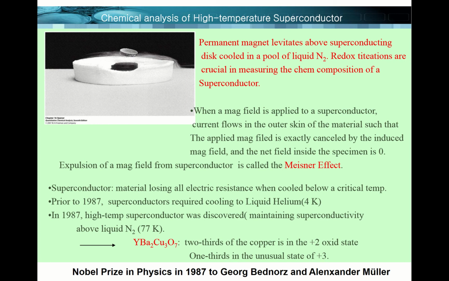But since this is not a metal but an inorganic oxide, although the critical temperature is quite high, the problem is that it is very difficult to process this material. For example, it is very difficult to make it into a thin wire. Think about that. Can you make a thin wire from a stone? It is not easy at all, right?